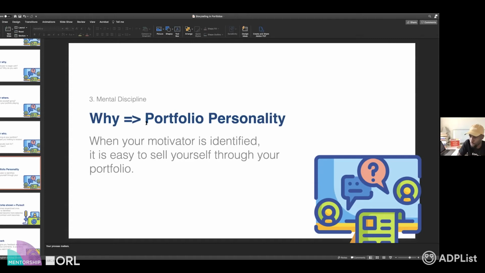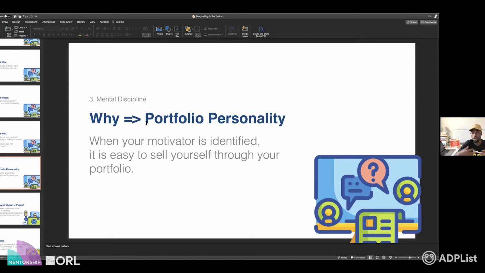You're not like Joe Bloggs, right? So once you identify your why, it gives you concrete ground to present your personality through your portfolio. You're able to sell yourself. You're able to say, okay, for me personally, I love UX because I love creating. I love human computer interaction and building experiences that live digitally. That just gets me excited.